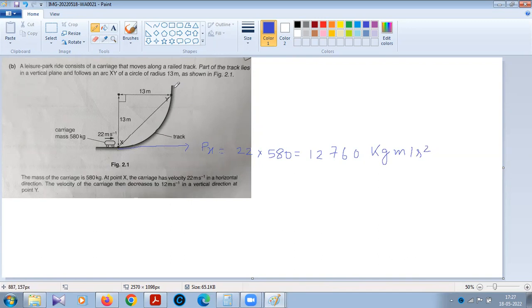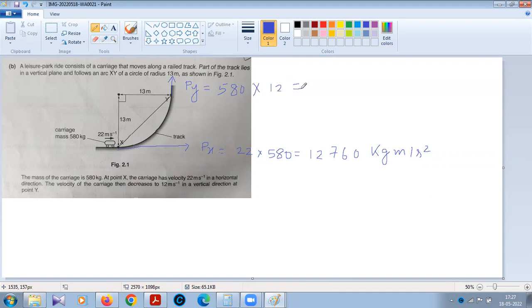Now when it reaches this point, what is happening? Its velocity is in the upward direction and so the momentum is also upward. Mass is 580 and velocity has reduced. It has become 12.